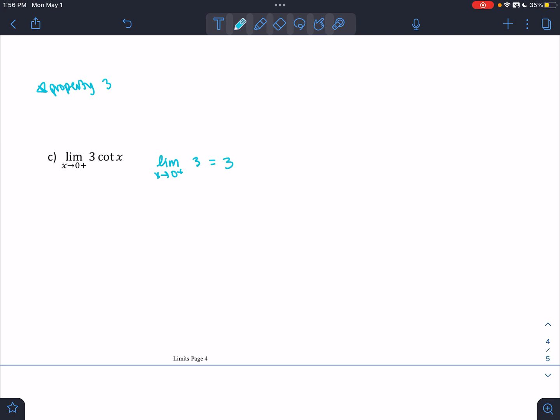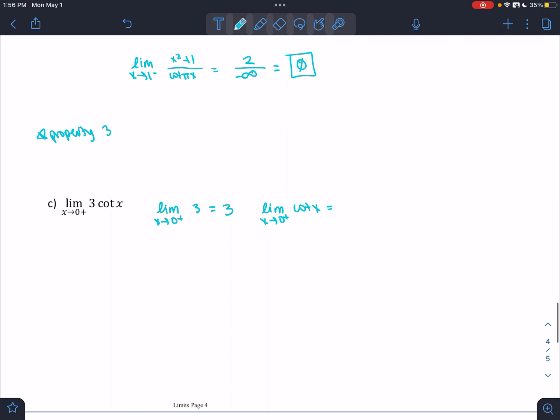Then we need the limit as x approaches 0 from the right of cotangent x. I'm going to revert back to my cotangent graph up here. We're approaching 0 from the right, so it's going towards positive infinity. If I trace this over here, just so we see it, going towards 0 from the right-hand side, it's going toward positive infinity.